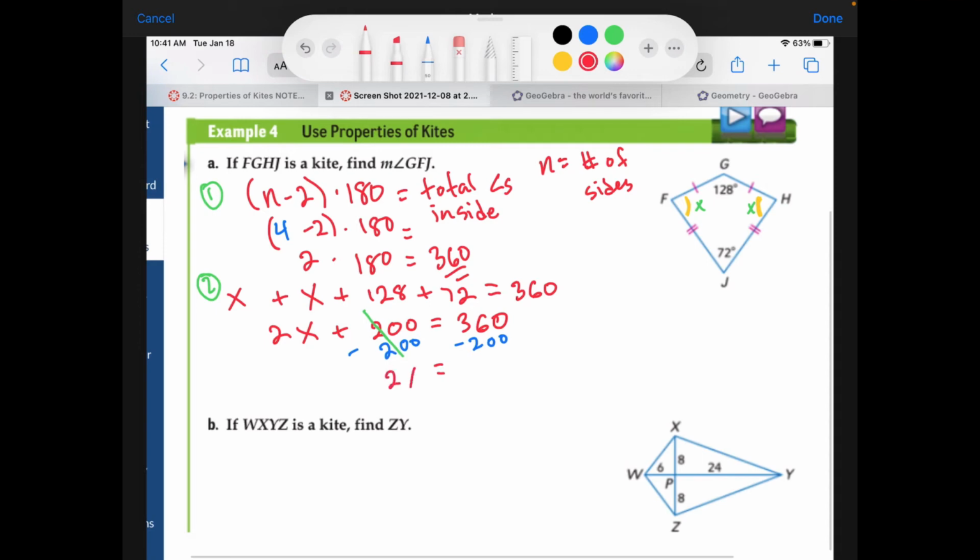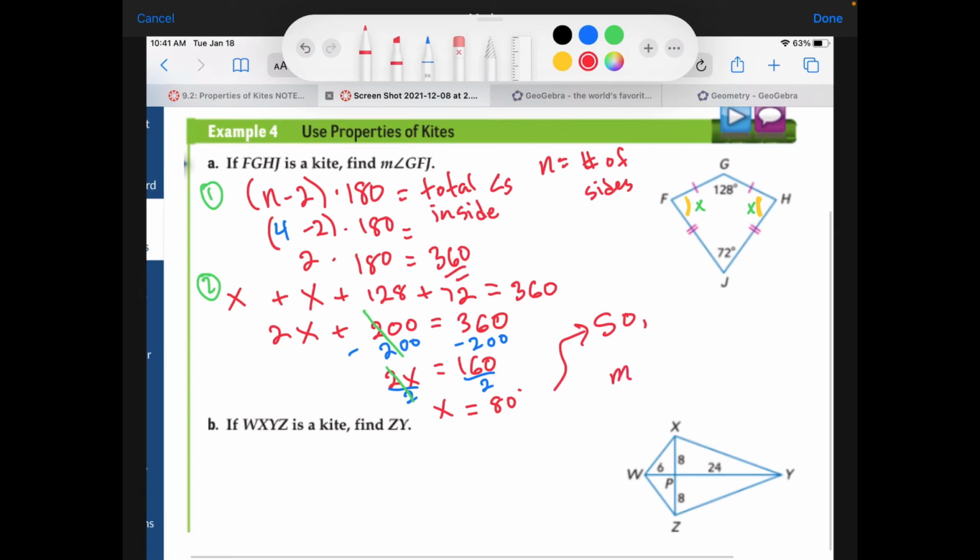We change the sign to get it to the other side. We get 2x is equal to 360 minus 200. That gives me 160. When you have a variable attached to a number, we divide. That results in 1x, and x is going to be 80 degrees.